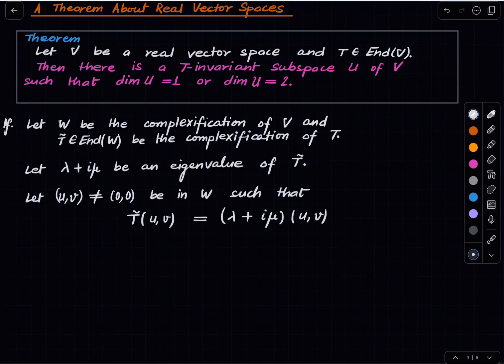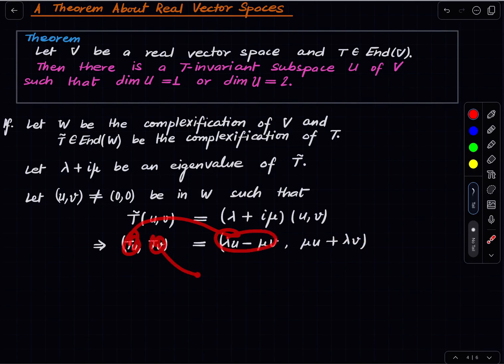Okay, and now we use the definitions of T tilde and of scaling in the complexified vector space to get this equation. All right, but this one equation is actually two equations, which is this is equal to that and this is equal to that.